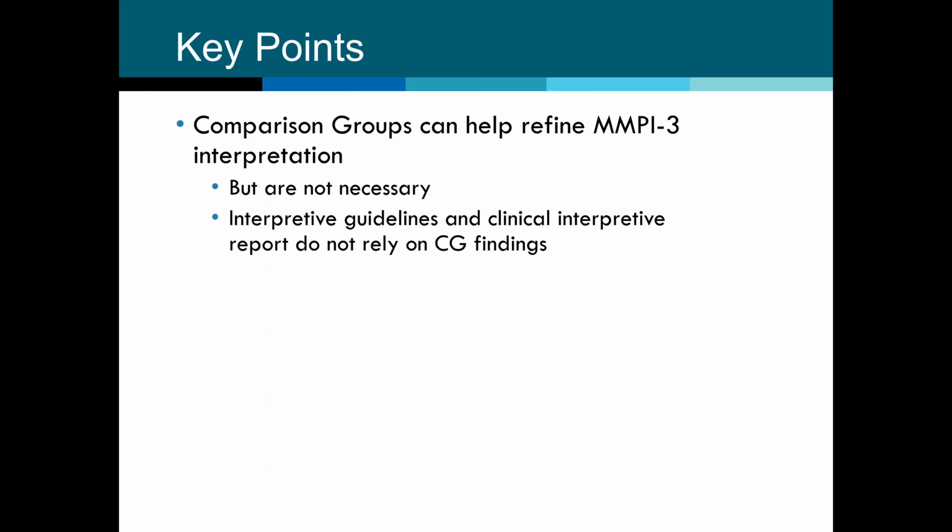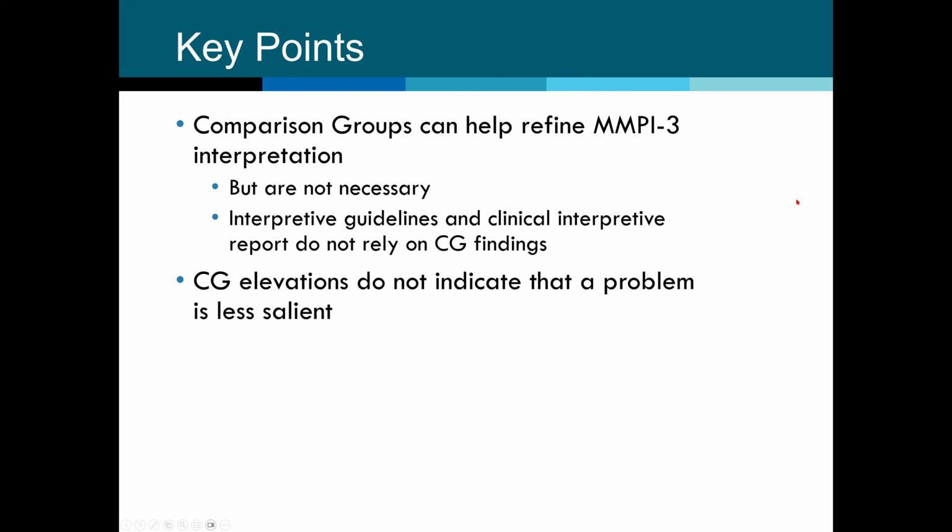Indeed, the interpretive guidelines in the Manual for Administration, Scoring, and Interpretation, and the interpretive report for clinical settings do not take comparison group findings into account. This is some added information that can be very helpful, but it's not necessary, it's not needed in order to interpret the MMPI-3.